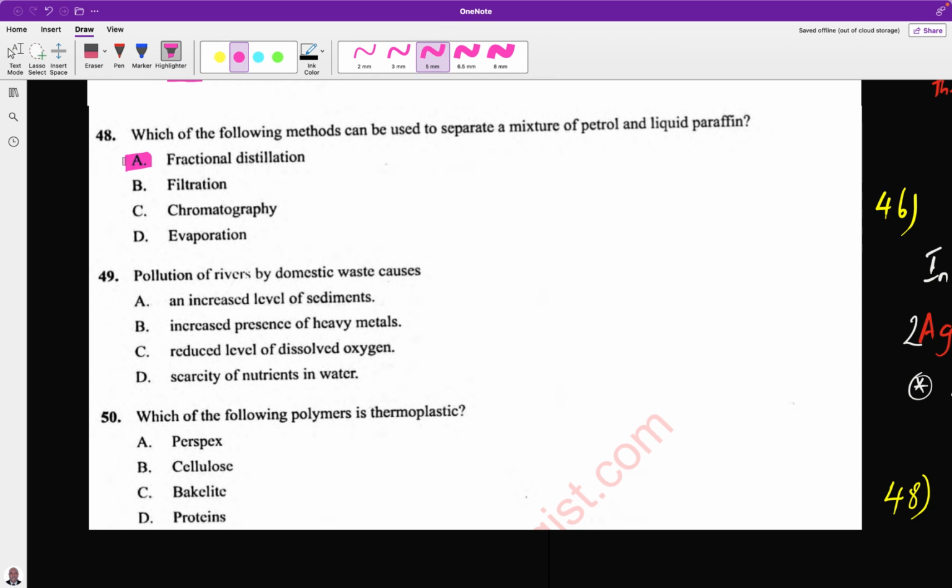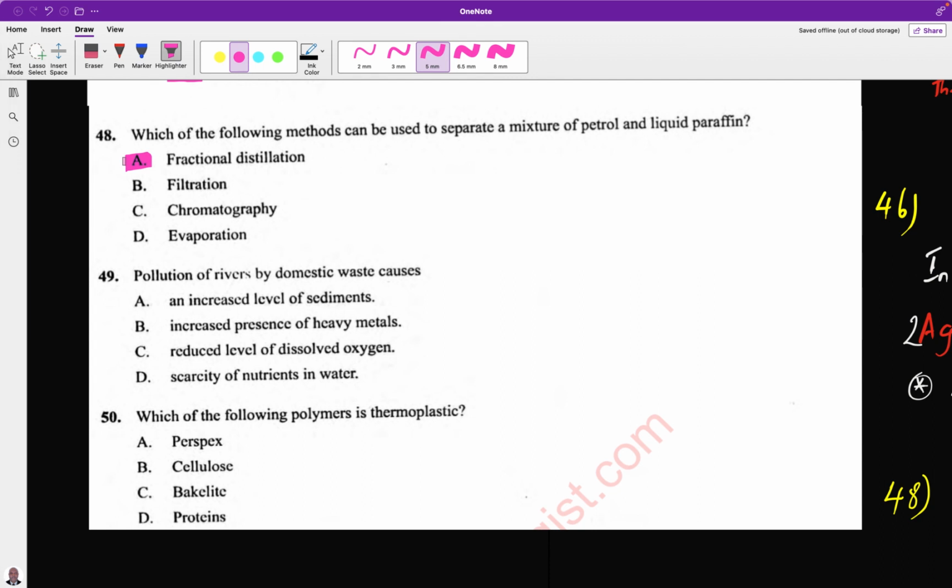Domestic waste has to do with what? Wastewater from the kitchen, wastewater from the bathroom, drainage from some toilets, drainage from all types of things. Domestic waste does not have to do with chemicals, except something like soapy water and other things like that.